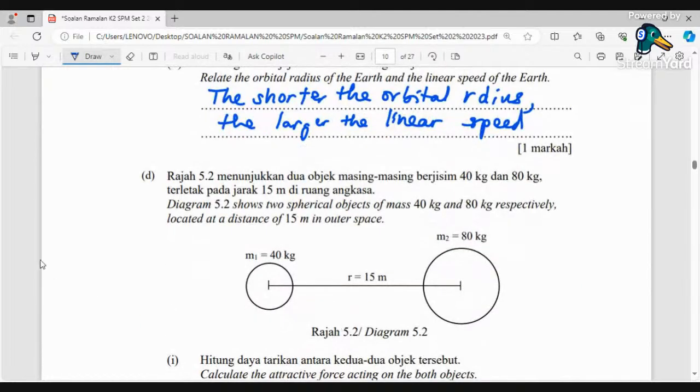Okay, tengok D pula. Diagram 5.2 shows two spherical objects, mass 40 and 80.